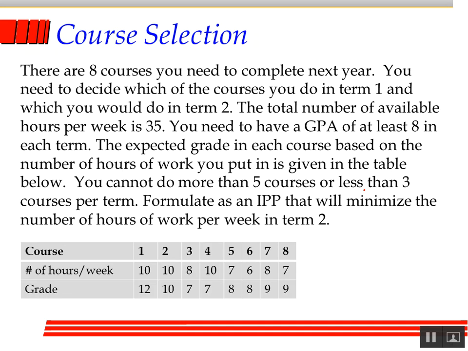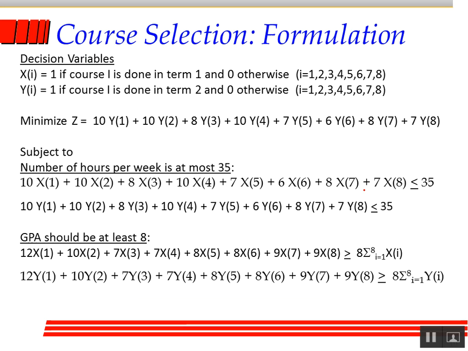Sorry, not x but y, because y is whether to take a course in term 2, right? We are interested in term 2. So this is the objective function, right?